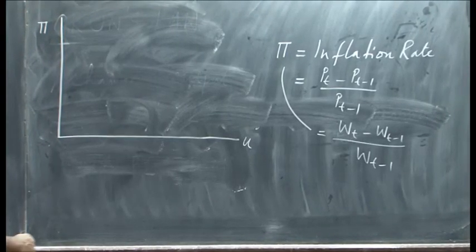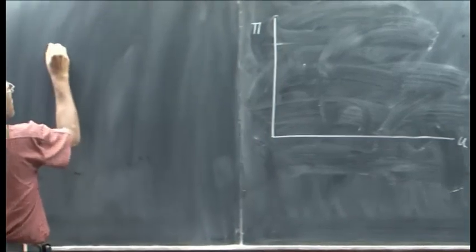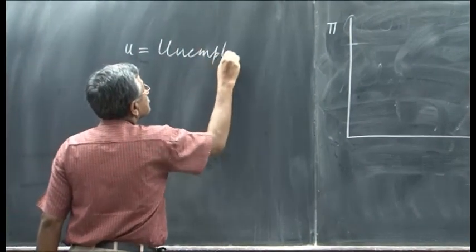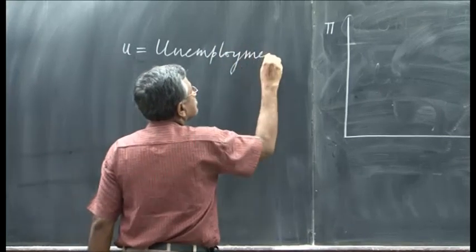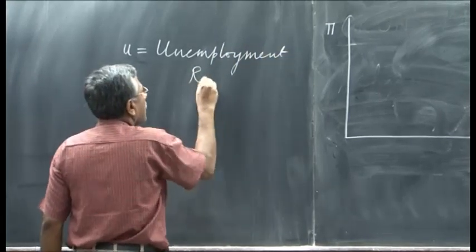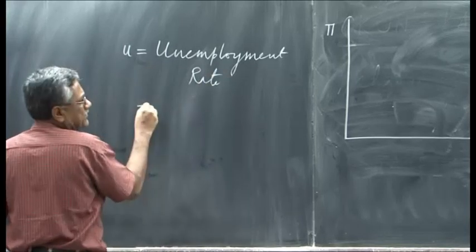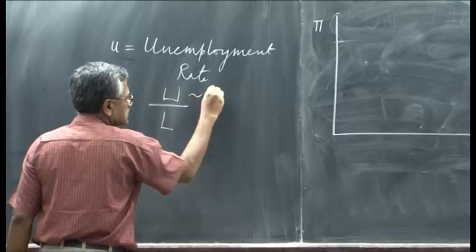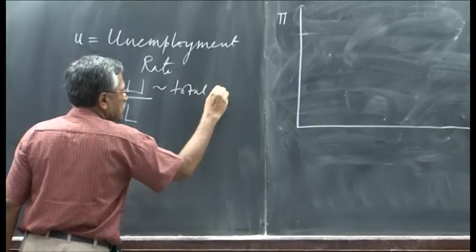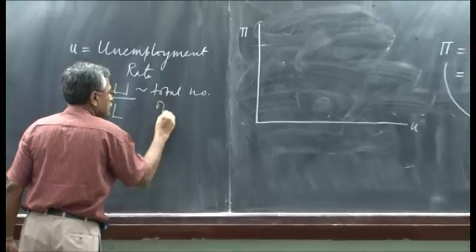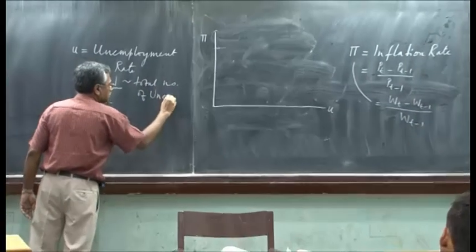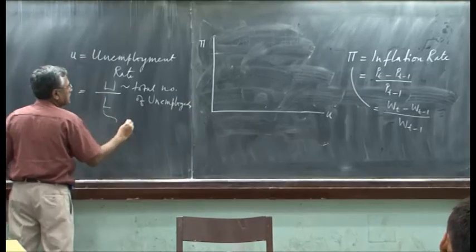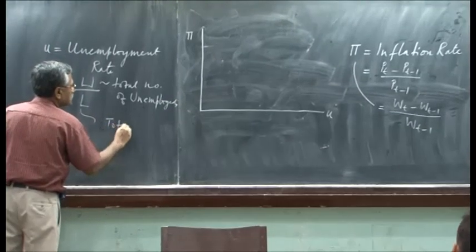And the unemployment rate, U, is the total number of people unemployed over the labor force. This is the total number of people unemployed, and L is the total labor force.